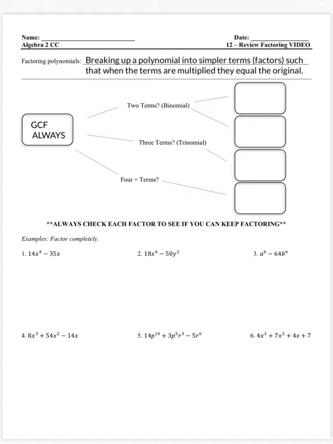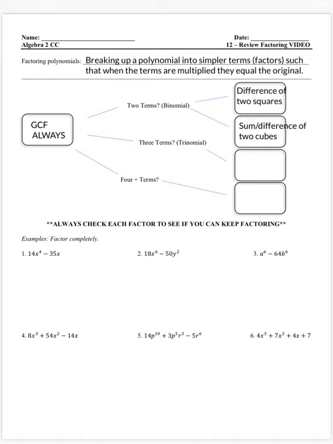So if you have 2 terms, if it's a binomial, there were 2 different factoring methods. One of them was the difference of 2 squares. Notice it's just the difference of 2 squares. And the other one is the sum or difference, put a slash, sum or difference of 2 cubes.